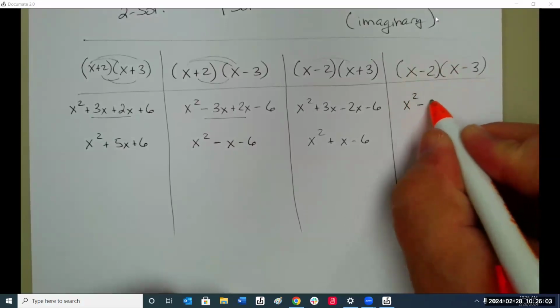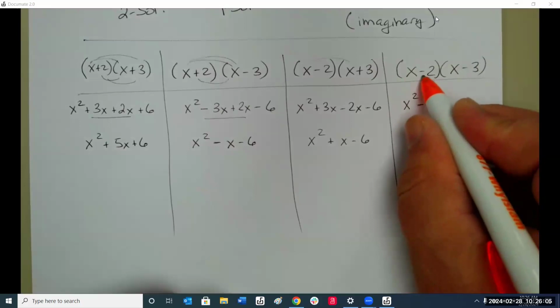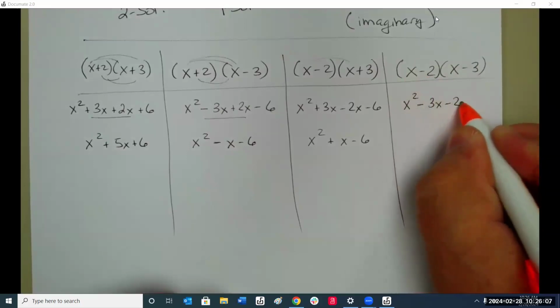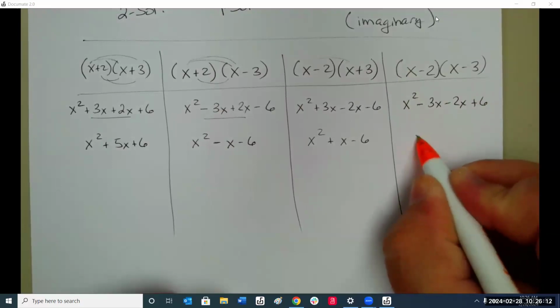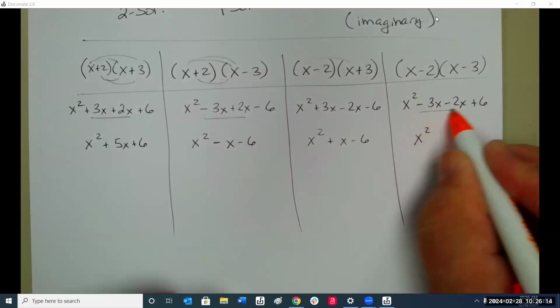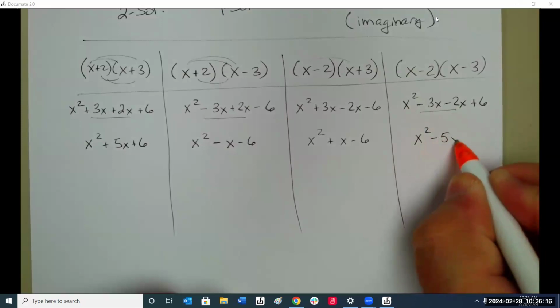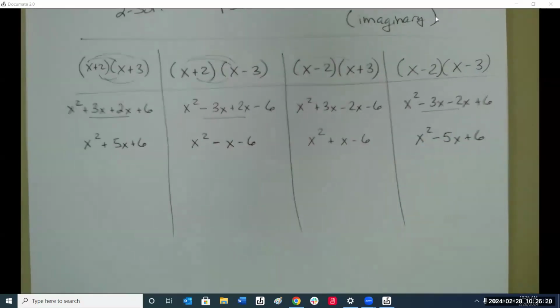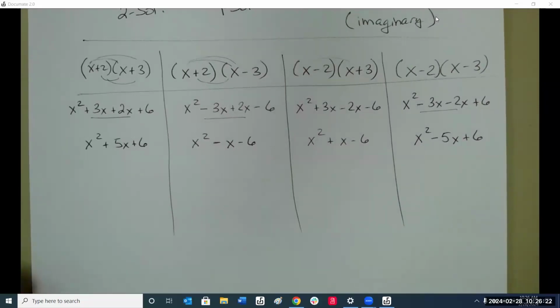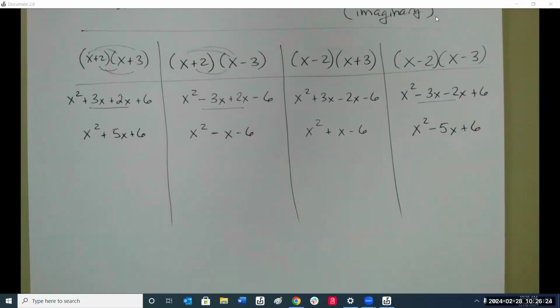Positive times negative is negative. Negative times positive is negative. Negative and negative is a positive. They're both negatives, so there. This is what you should have gotten. So that's the multiplication part. That's the easy part.